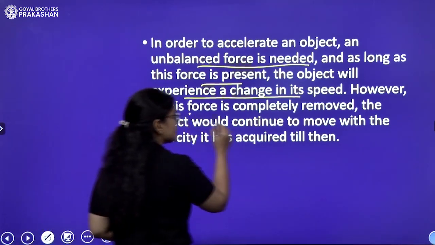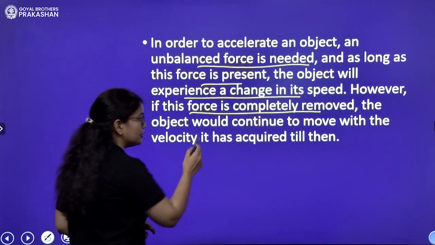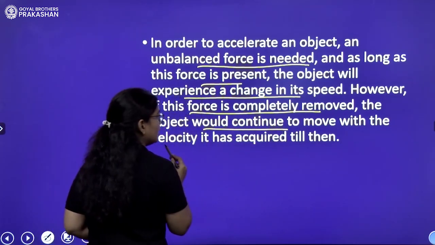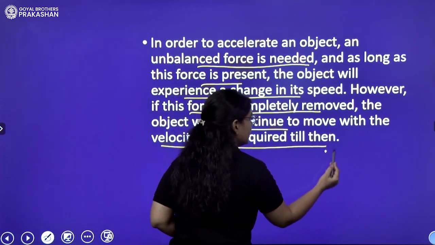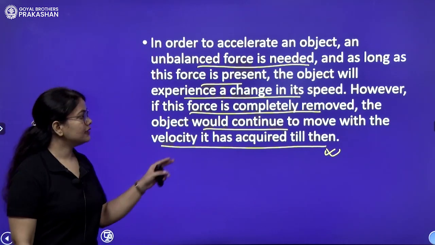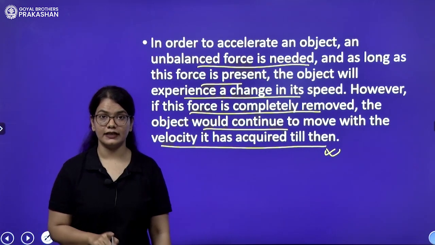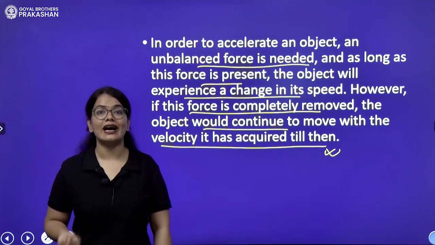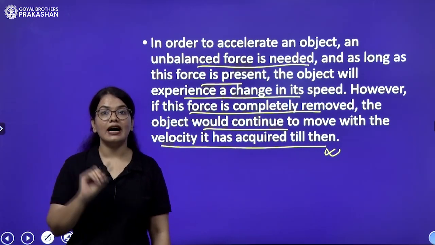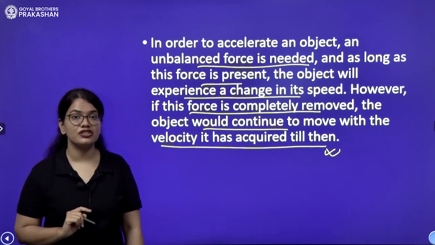However, if this force is completely removed, the object will continue to move with the velocity it has acquired till then. Okay. That means for an object to change its velocity, that is to accelerate, we need unbalanced force, because the balanced force cannot change the velocity.